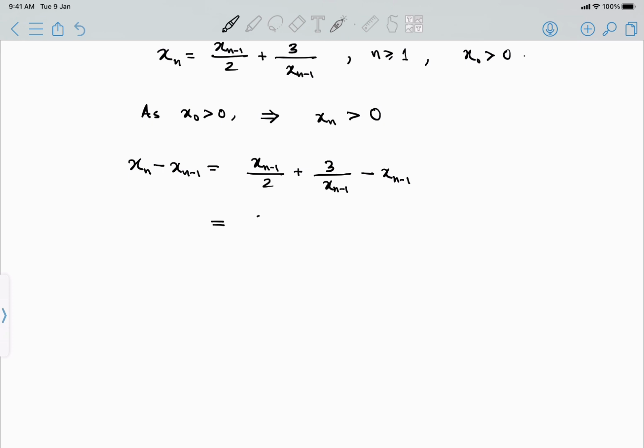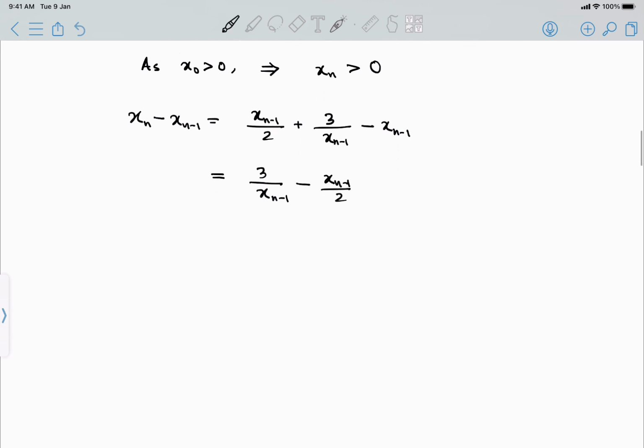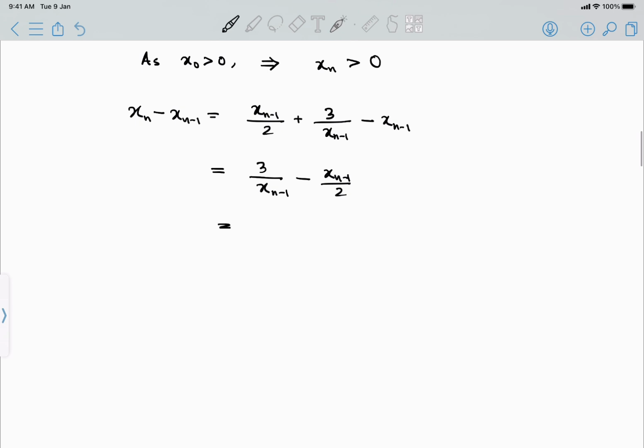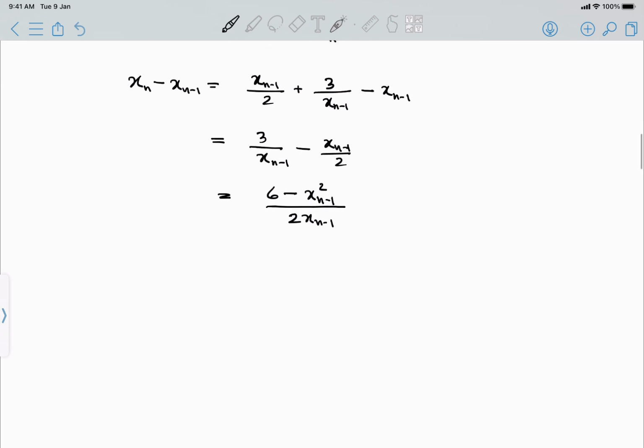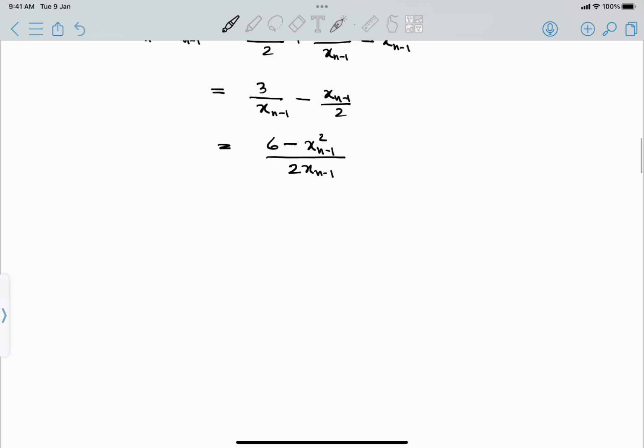If you simplify, you will get (6 minus x_{n-1} squared) divided by 2x_{n-1}. Now we have to check whether this is positive or negative, so for that, let's first estimate this.